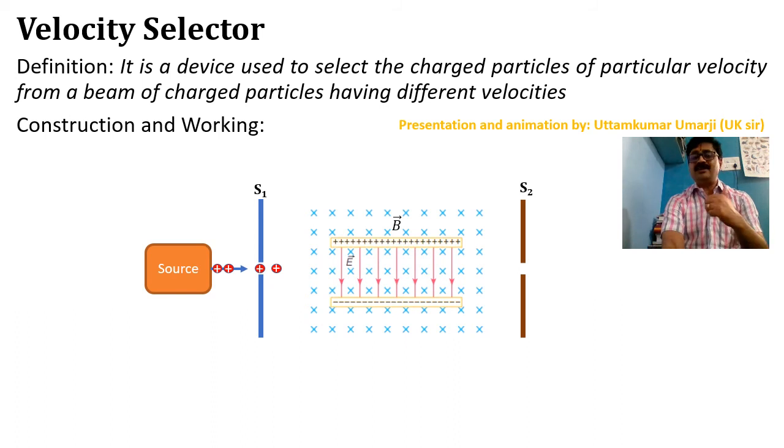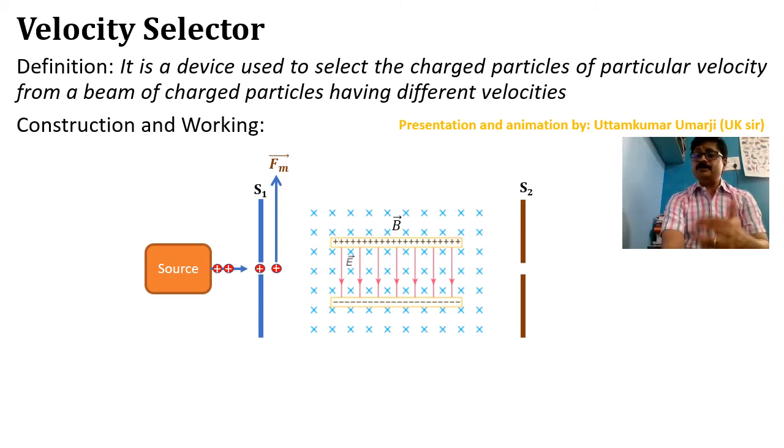I'll pick one such charge and show you how the forces act. The magnetic force vector Fm is going to act vertically upward. Here I have applied the clock rule, which I have already explained to you during my first session. Please recall that. And the electric force will naturally act vertically downward.